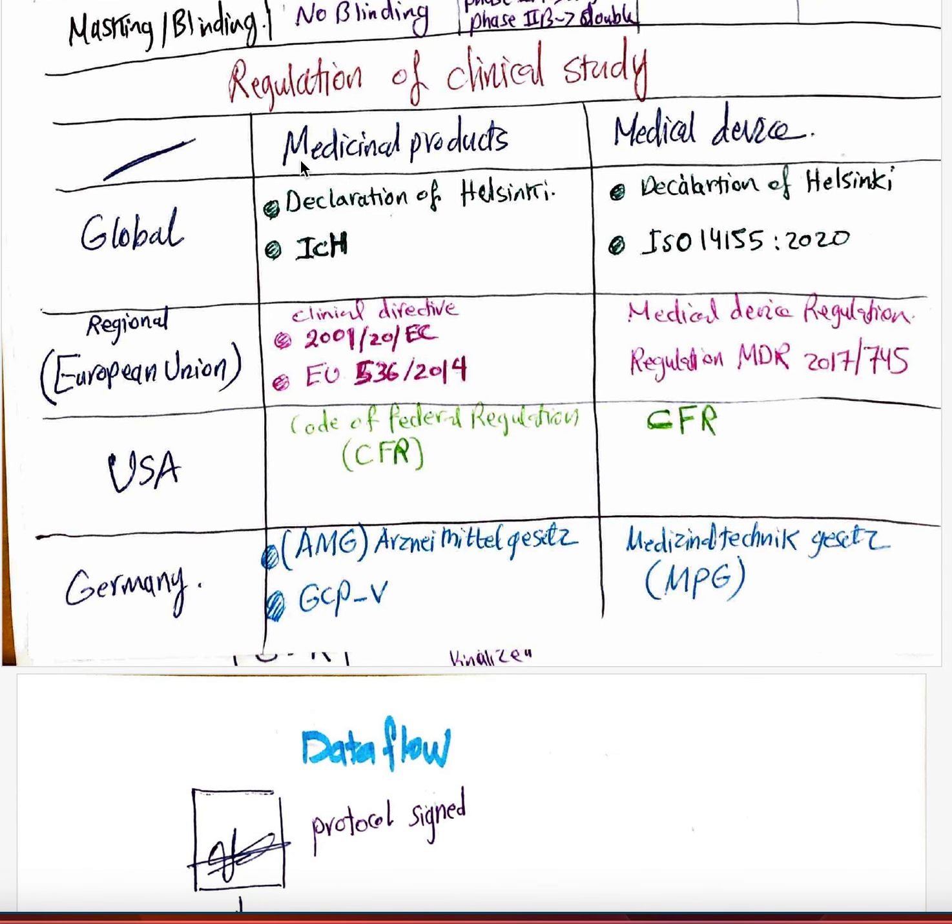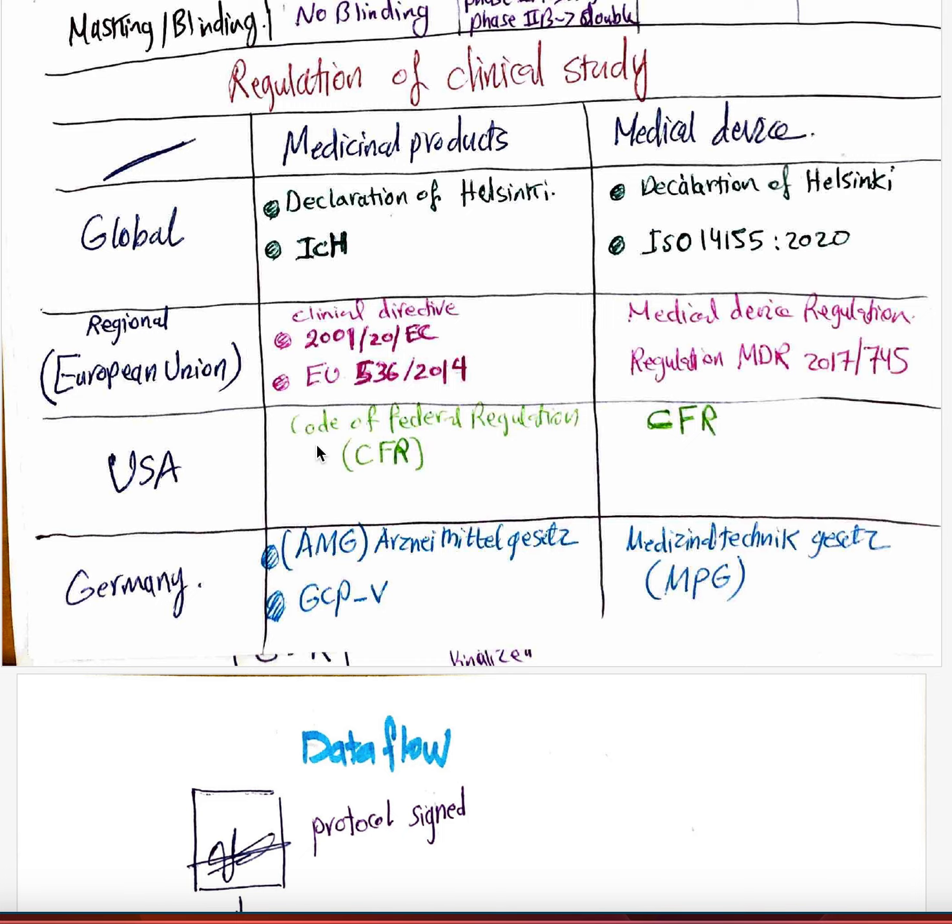Then, regarding clinical studies, we make a comparison between medicinal products and medical devices, and who is responsible for them globally, in Europe, in the USA and in Germany. For both, the Declaration of Helsinki applies. ICH applies to medicinal products, while for medical devices we use ISO 14155:2020. For Europe, medicinal products fall under EU 536/2014, and the medical device regulation is 2017/745.